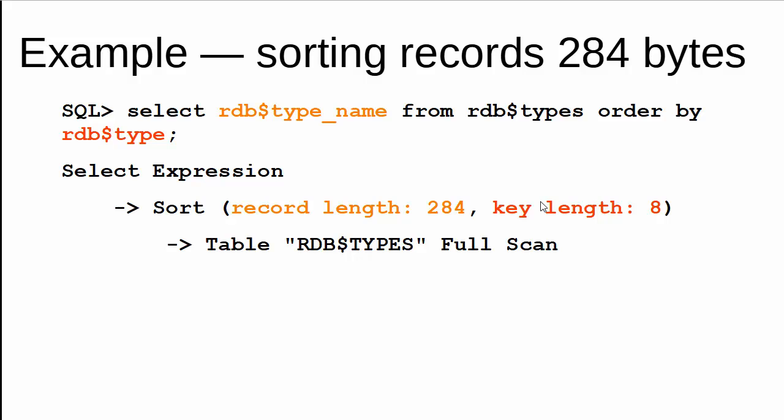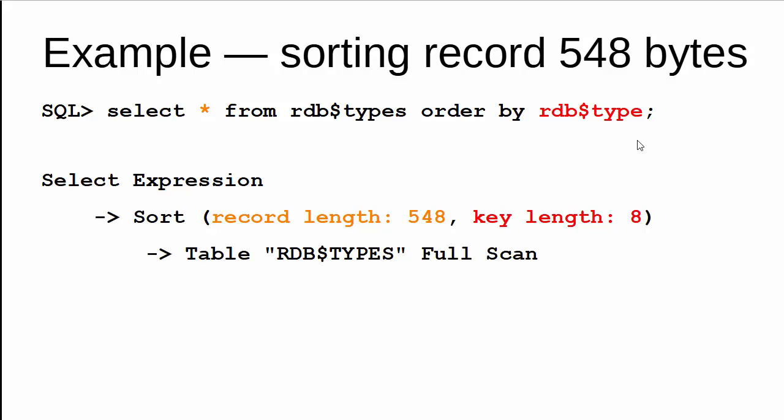Let's do this very simple select RDB$TYPE_NAME from RDB$TYPES order by RDB$TYPE. If we have enabled set explain, we will see the following detailed plan. Select expression, and you can see the record length 284 and key length is 8. And the operation is a full scan to read the table completely in order to perform this sorting.